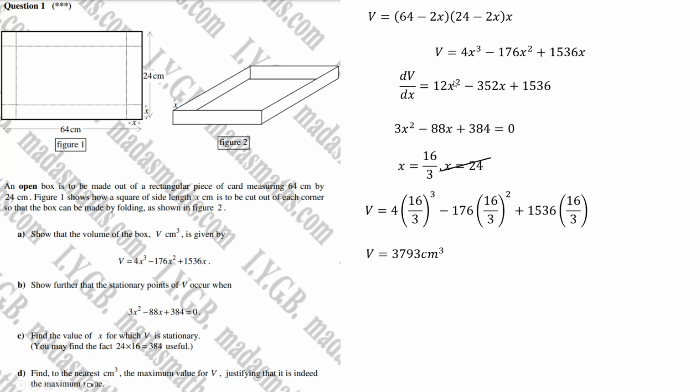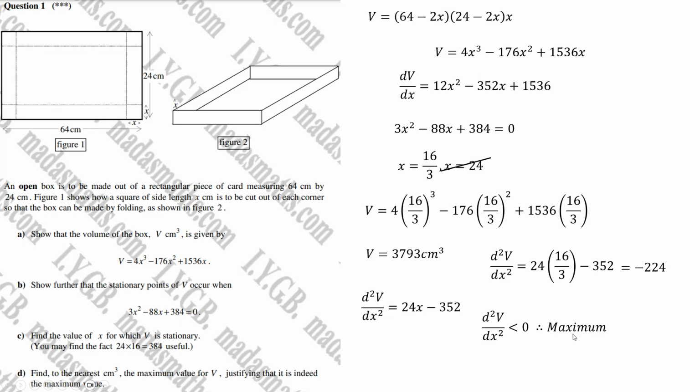So we want to find the second derivative, which is 2 multiplied by 12, which is 24x minus 352. So that's the second derivative. Plug your value for x into it to get that. You don't even need to solve it. You might be able to just see that this is less than 0. And whenever the second derivative is less than 0, it's a maximum. So this is fine to say.